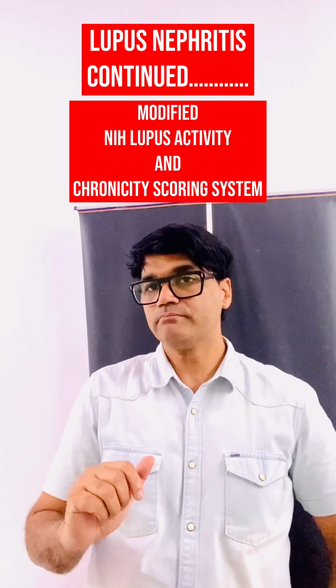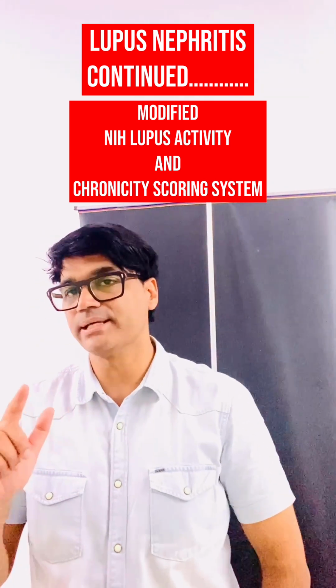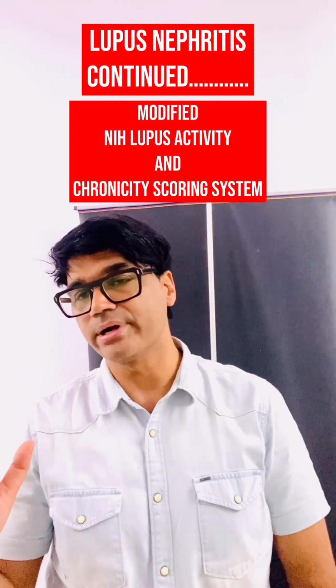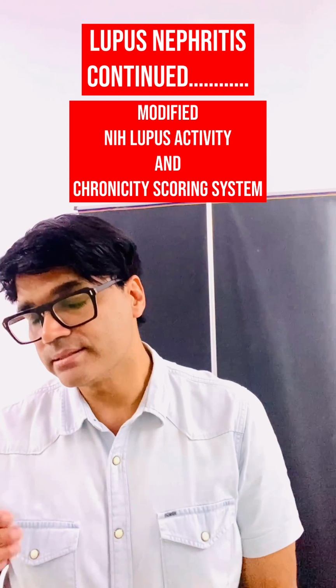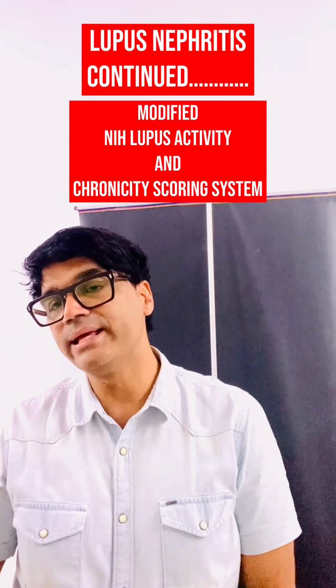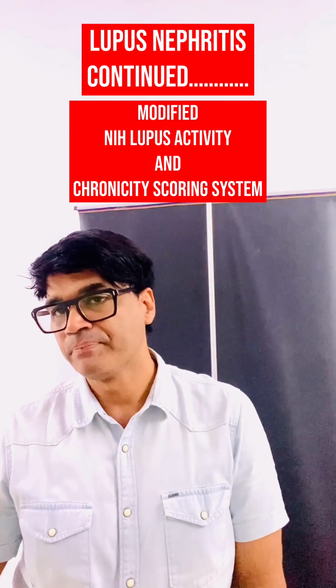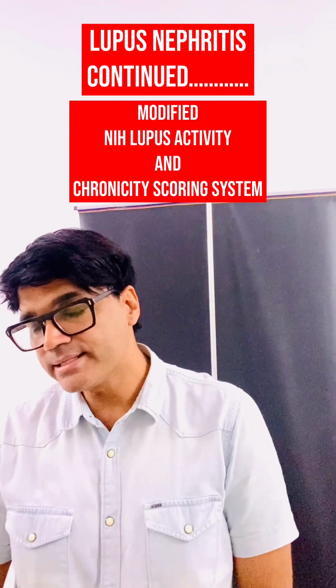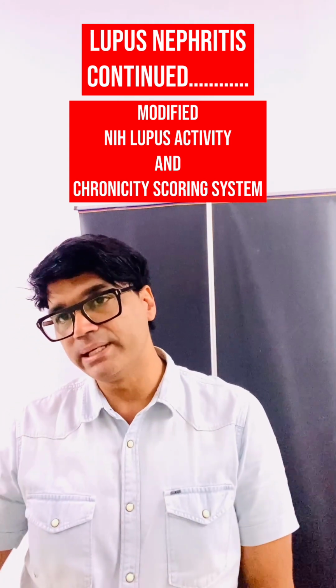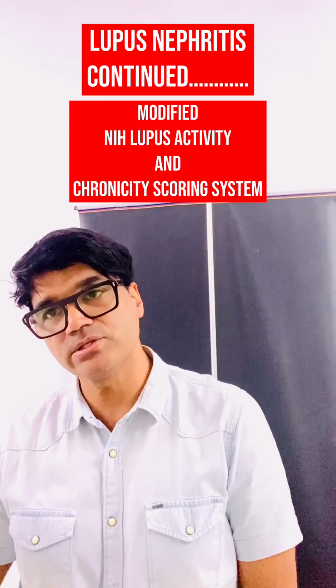Number one, if there is endocapillary hypercellularity, the score will be 0 to 3. If there is neutrophil karyorrhexis, the score will be 0 to 3. If there is hyaline deposition, for example wire loop lesions or hyaline thrombi, the score will be 0 to 3.